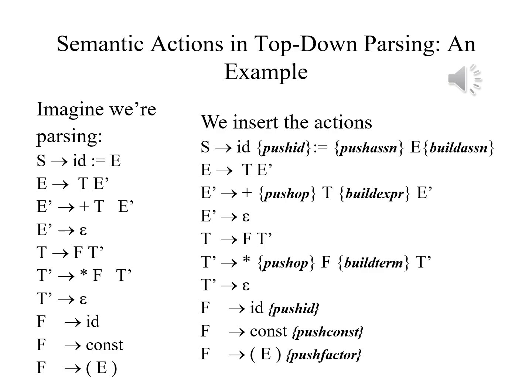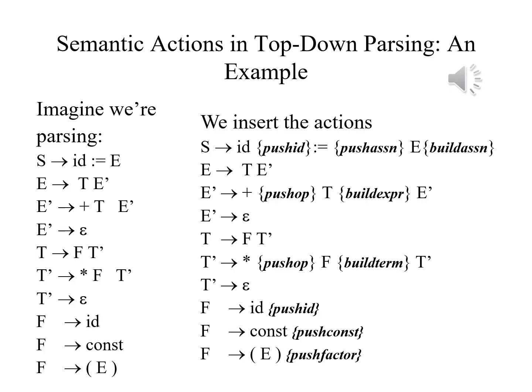Let's take a look at an example. This is similar to the top-down expression grammar that we had seen before, but we have instead a different initial production. S derives ID is set equal to expression. So in this case, what we are parsing is an assignment statement.